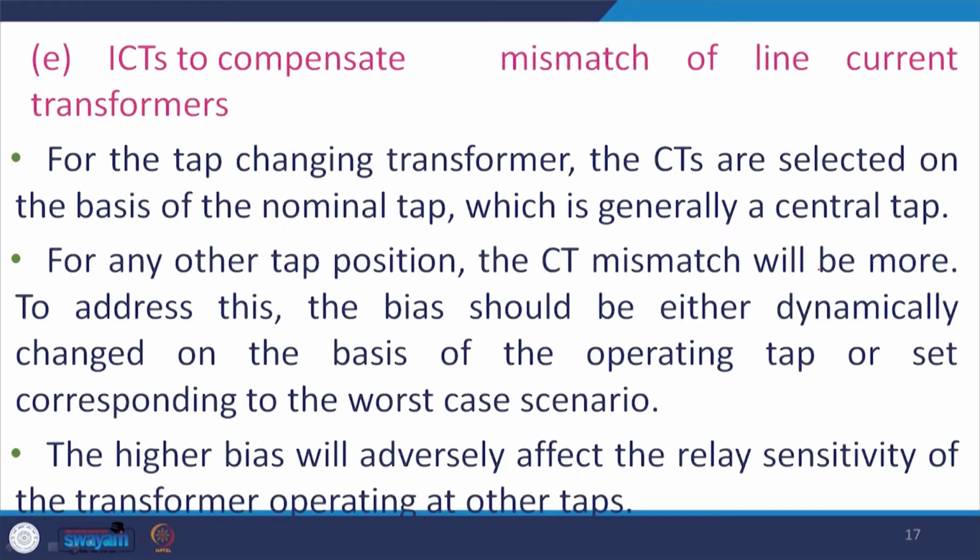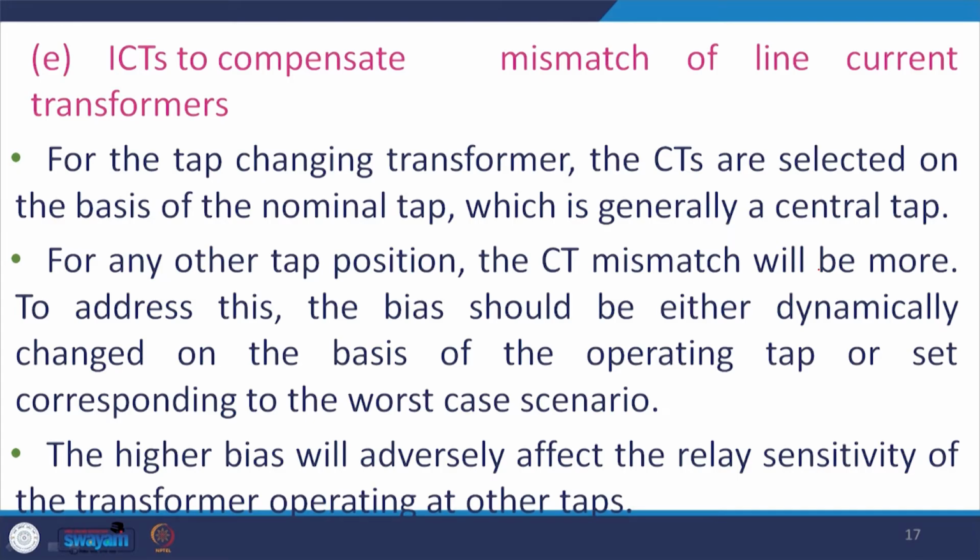But if the difference in the current because of a change in tap, either the highest tap or the lowest tap, is very high, then the bias is not capable of taking care of this. So, in that case we need to change the percentage bias adaptively based on the change in the tappings of the transformer. This is known as the adaptive setting.